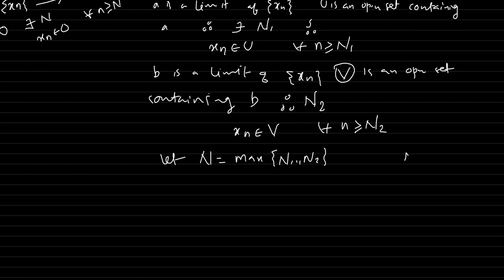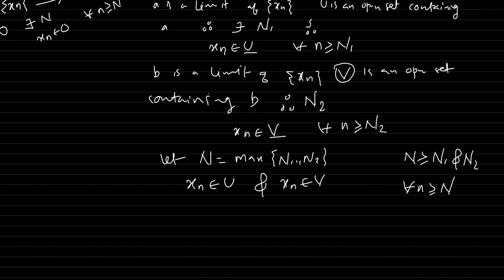So n is greater than or equal to n1 and n2. This implies for all n greater than or equal to n, the sequence xn lies in both U and V. So xn belongs to U and xn belongs to V for all n greater than or equal to n, and this implies U intersection V is non-empty.